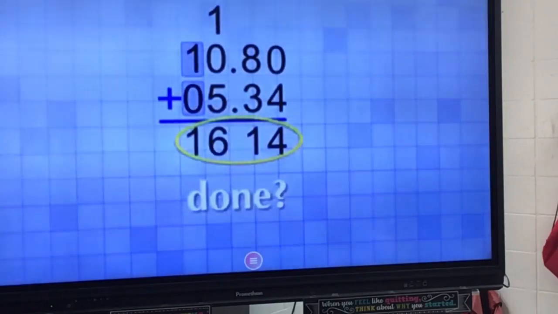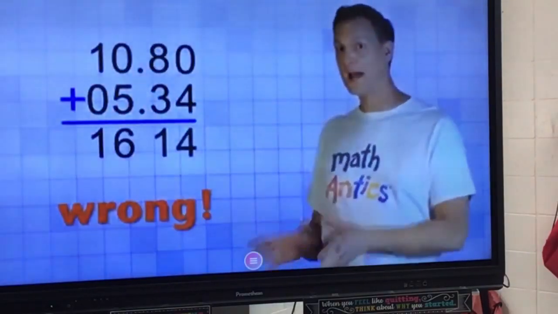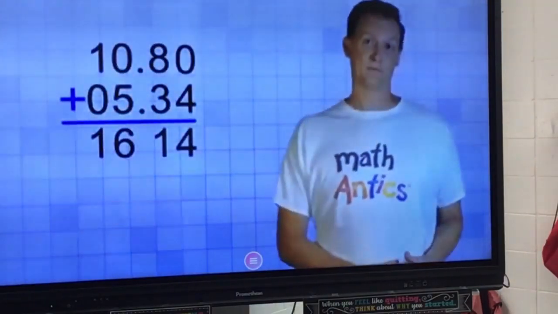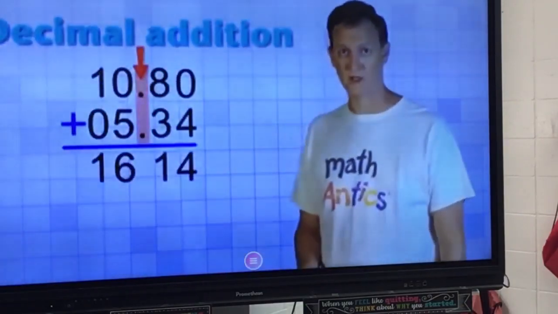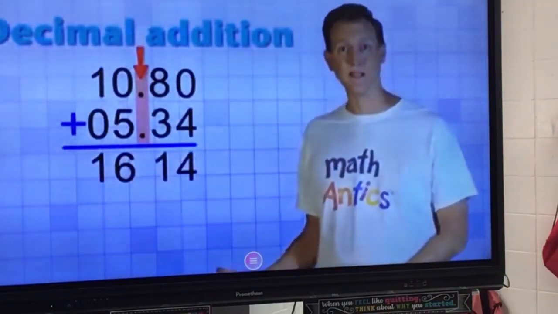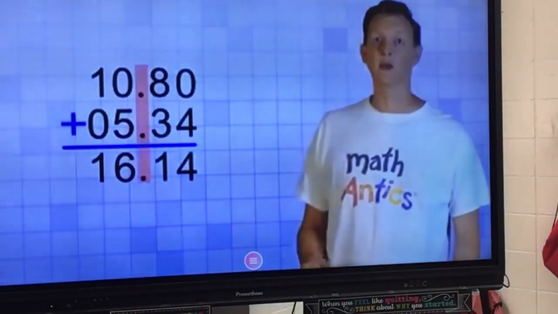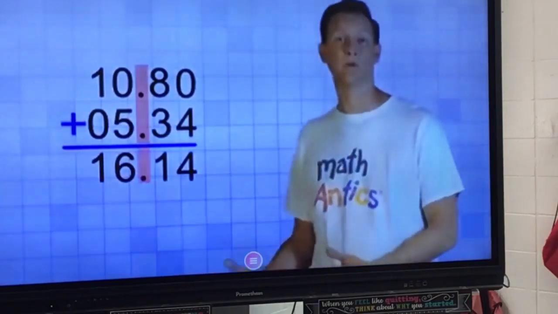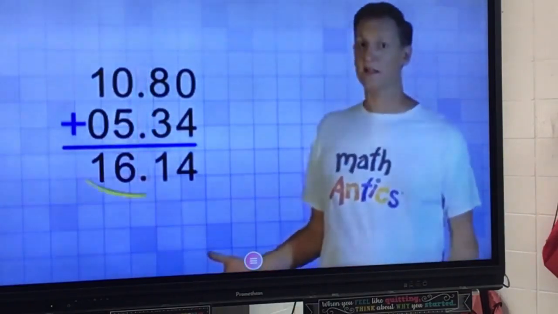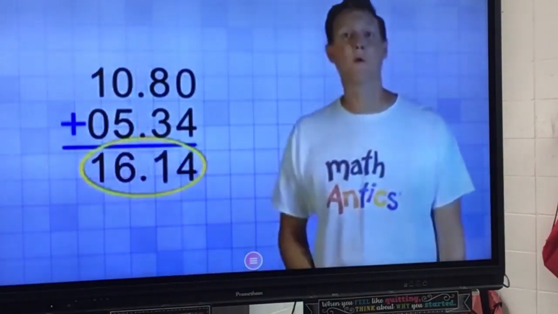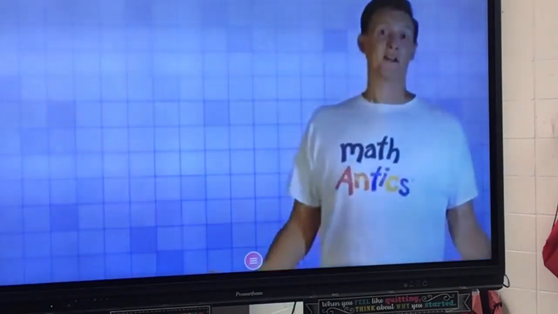So we're done, right? Wrong. There's one last really important step. Remember, we're doing decimal addition, so we can't just forget about that decimal point. We need to bring a copy of it straight down into our answer line, so we keep the same reference point for our number places. Now we can see that the answer is really 16.14. That's not so hard, is it?